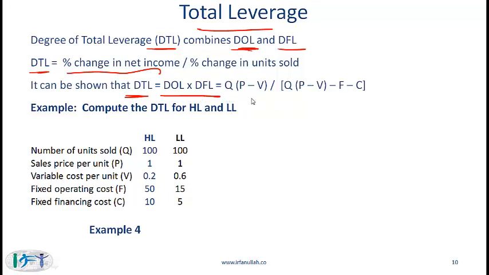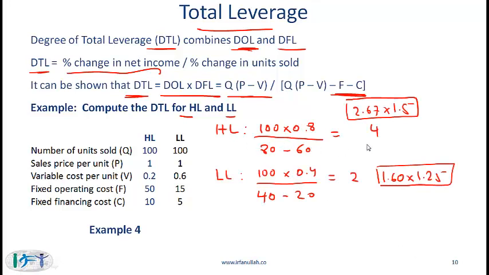And the formula is given right here. The numerator is Q into P minus V, and the denominator is Q into P minus V minus the total cost, both operating and financial. Just to make sure you understand this, I want you to now compute the DTL for both companies.